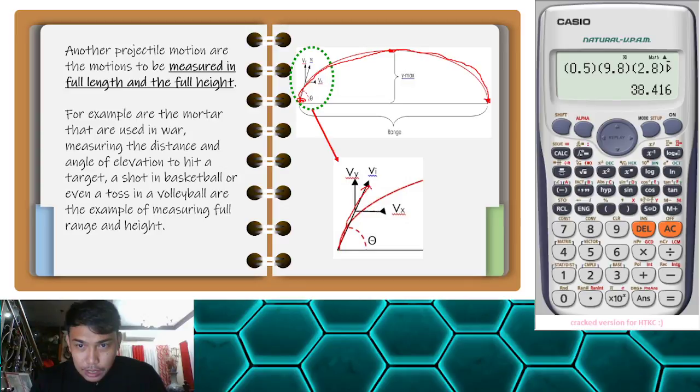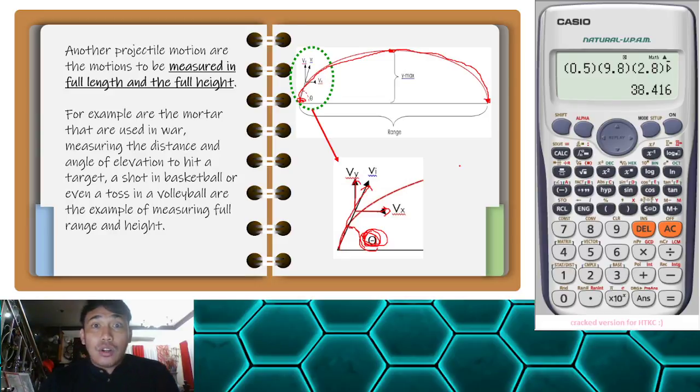Since it is at an angle, it clearly has a y component and an x component. So we have two components for our initial velocity.